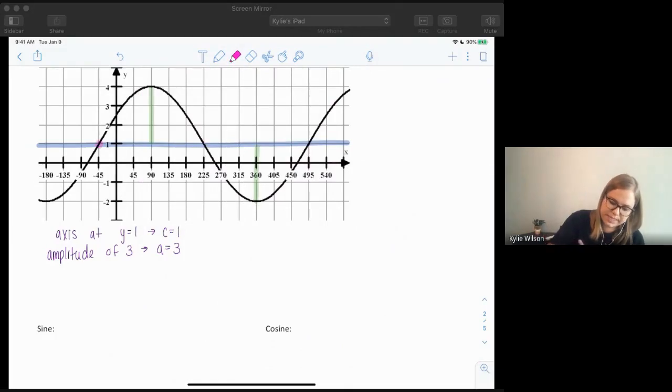My sine curve always starts at the axis, goes up, hits my maximum, down, hits my minimum, and back to my axis again. So that went from -45 to 450. So that's a total of 400.